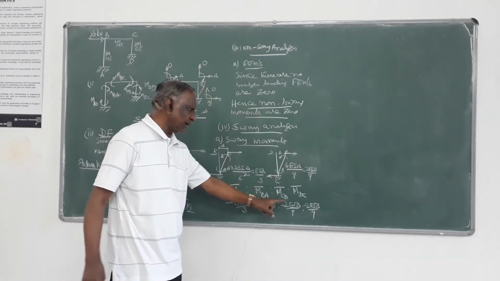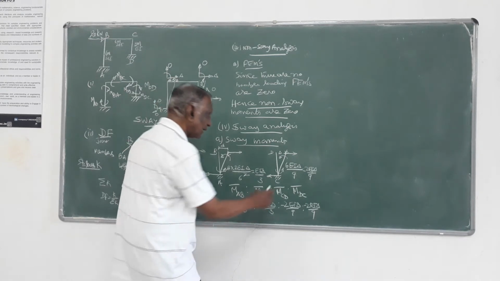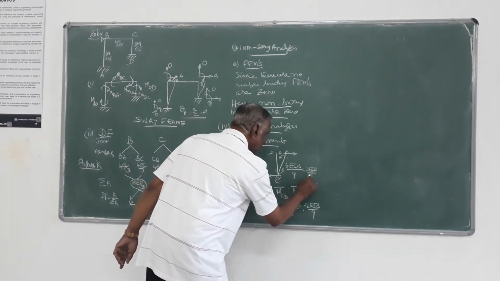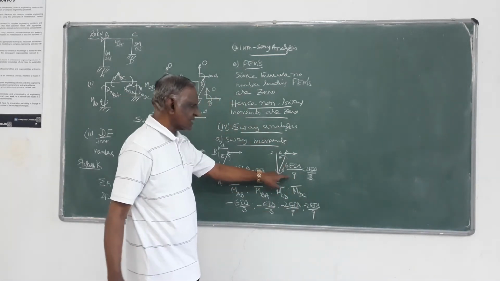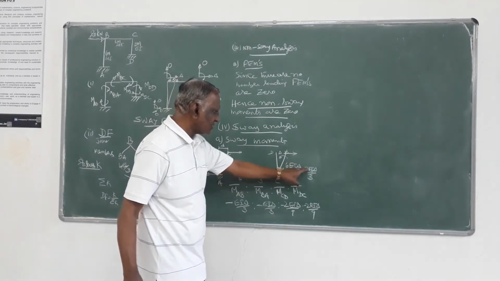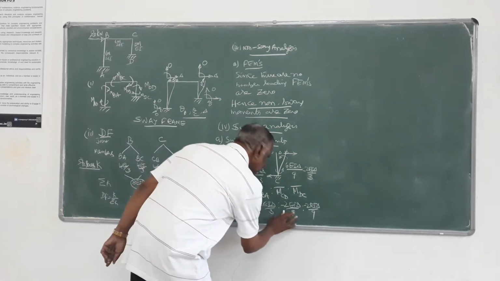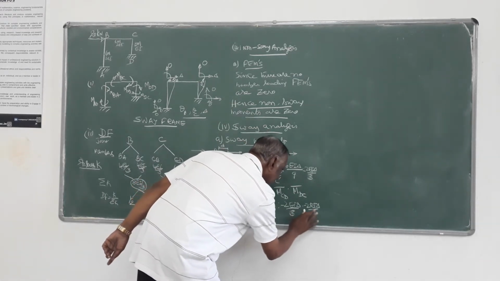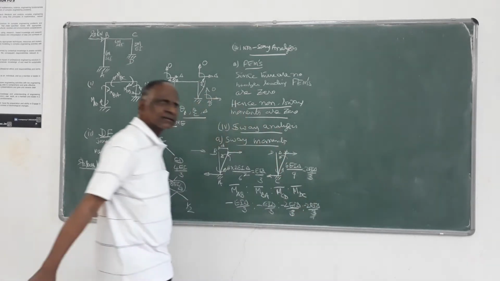Or rather, 6 by 9: if I divide by 3, this will be 2, this will be 3, so this is 2EI delta by 3.